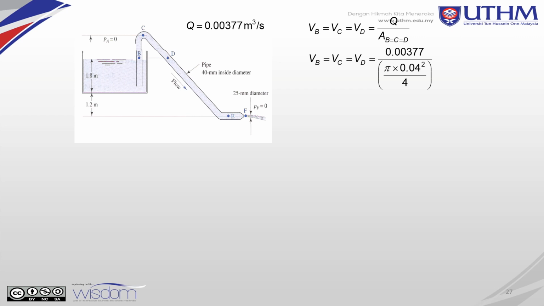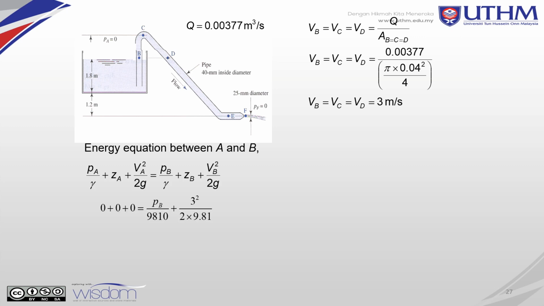After we know the velocity at F, we want to find the pressure at point B, point C, point D, and point E here.